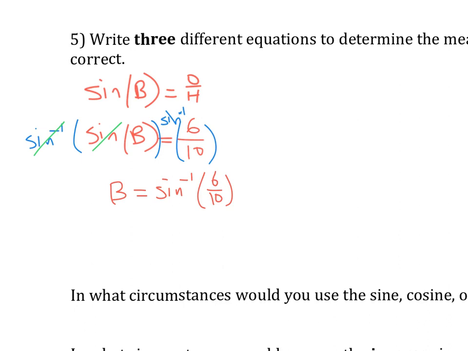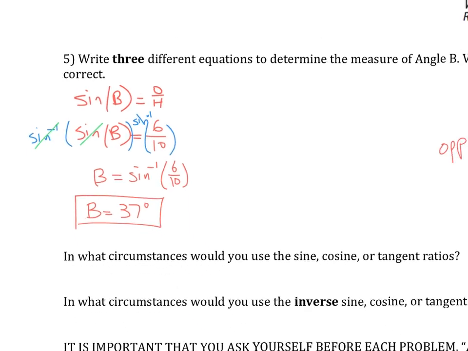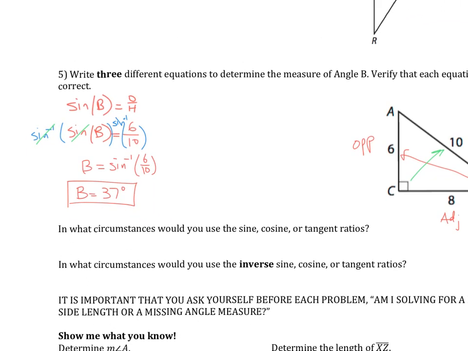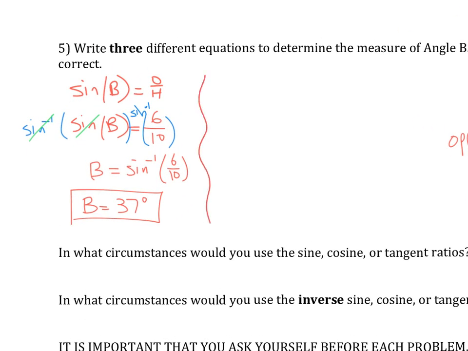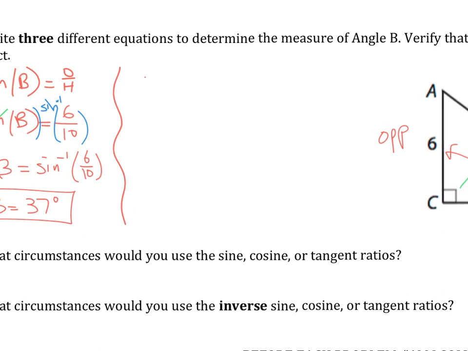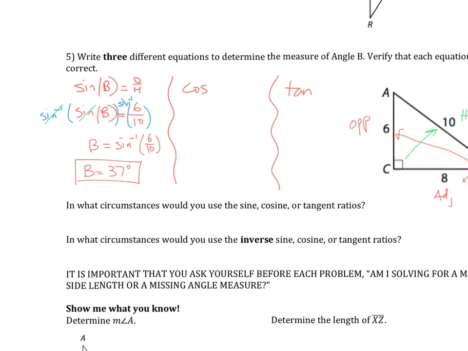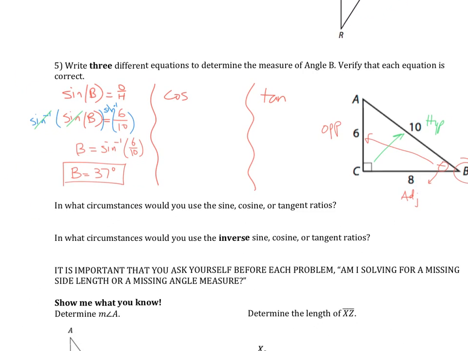Sine inverse of 6 over 10. So B should be 37 degrees. And so there are 3 different ones. That was using sine. So I want you to set up cosine and tangent and verify that that is actually 37 degrees.